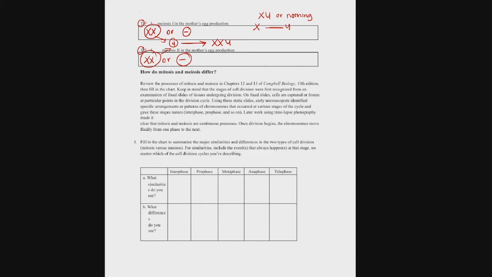For ova with 2 X's, this separation is not as important because they're still both the same. So if you're separating these 2 X's here, non-disjunction can still occur because it's the same X in both. You're not dealing with 2 different chromosomes. Does that make sense?